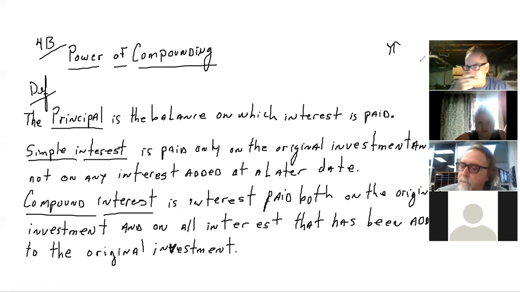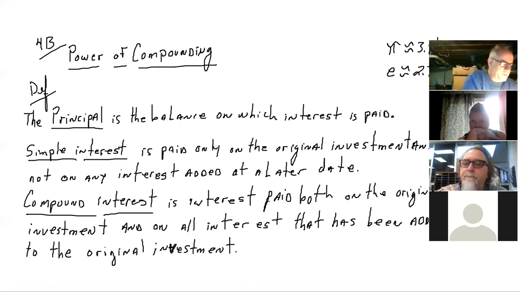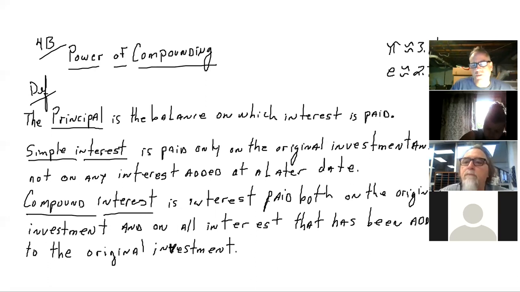So in decimal form, it never repeats, never terminates. And if you round to the hundredths place, it's 2.72.